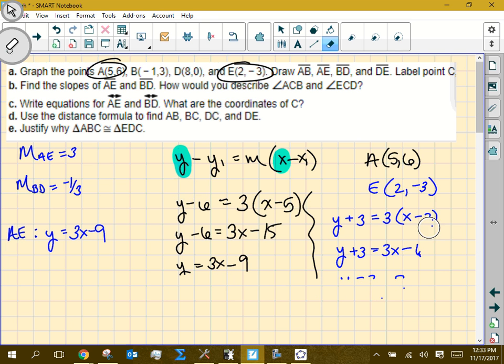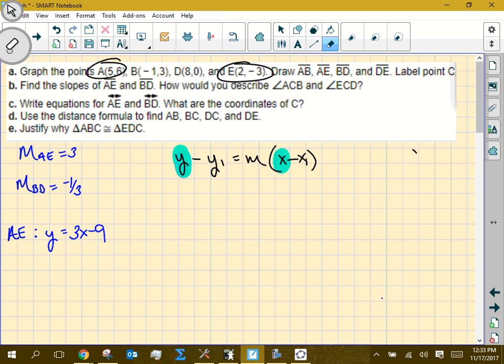Now I want to do the exact same thing, but it wants it for BD. So for BD, be intelligent. You know the BD line is going to force us to plug in y minus y1 equals m times x minus x1. What is maybe one of the easiest numbers that we ever have to do?